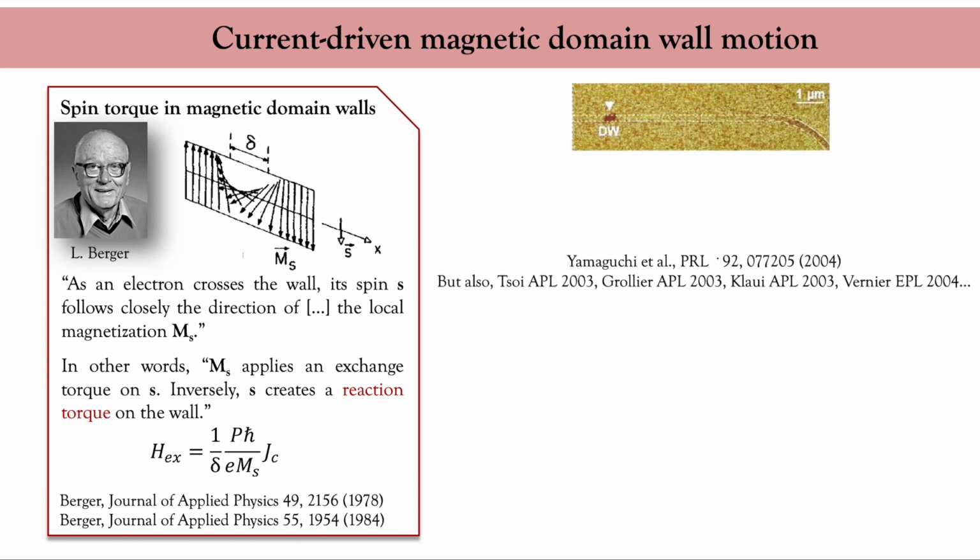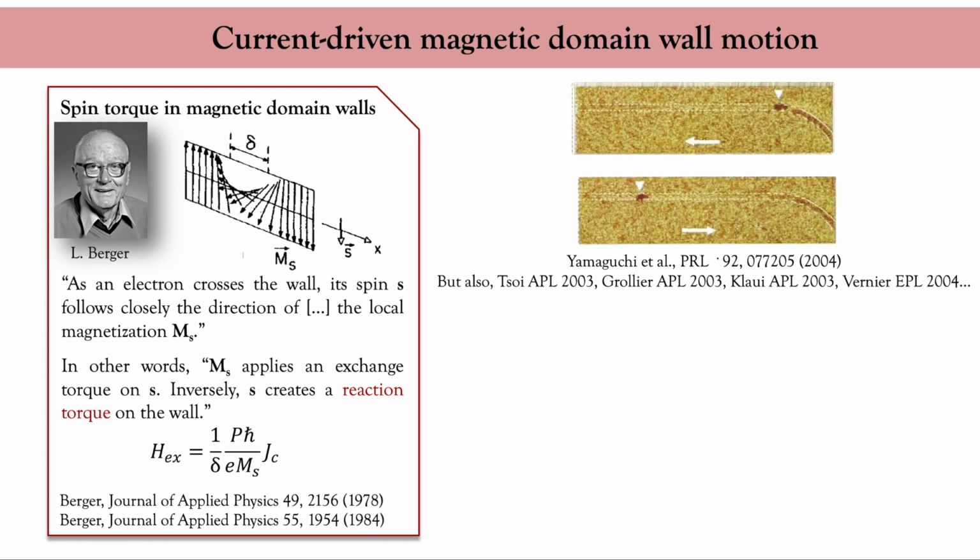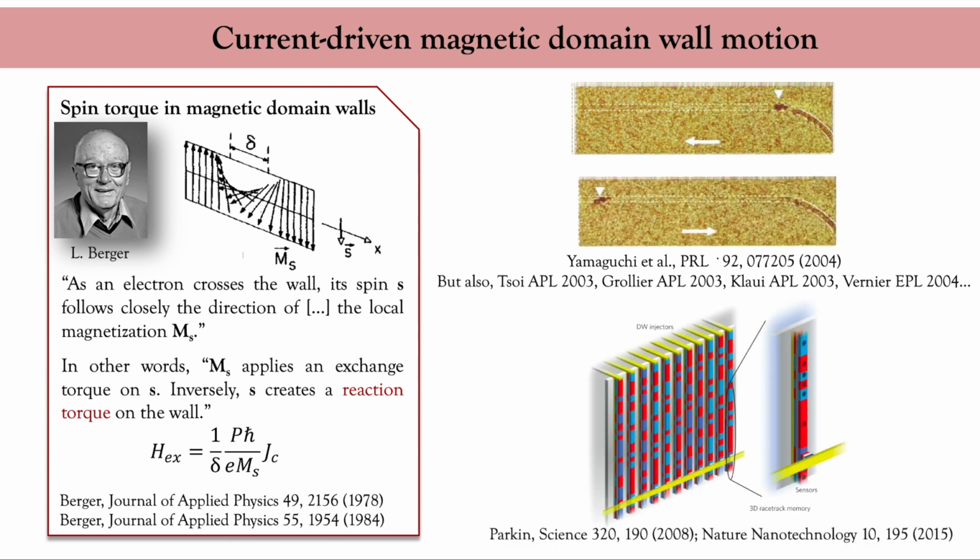Here I show the images recorded by Yamaguchi and co-workers at Osaka University. You see that the domain wall moves along the electron flow and changes direction when changing the current polarity. Very quickly after that, Stuart Parkin from IBM proposed to use this effect in a device called the racetrack memory.